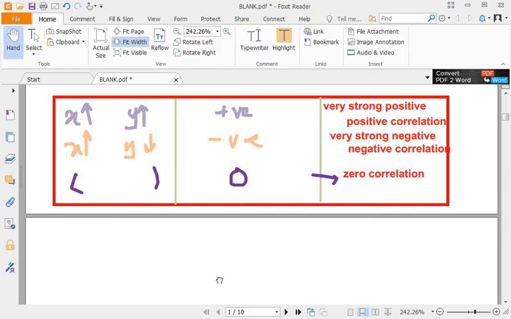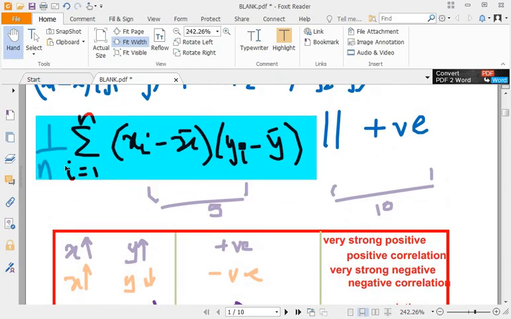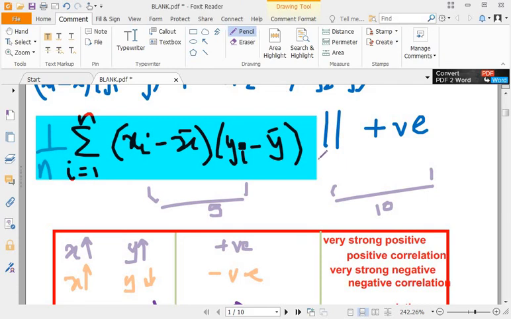So what we come up with is this value, 1 by n summation of i equal to 1 to n, xi minus x bar into yi minus y bar, which is actually called the correlation coefficient. So this is not exactly the correlation coefficient. There is a greater adjustment that we need to make for this to be a perfect measurement of the correlation, but this is sort of like the basic of correlation.